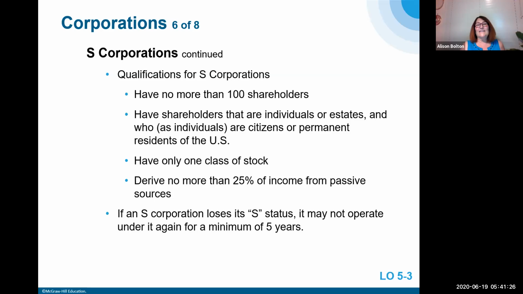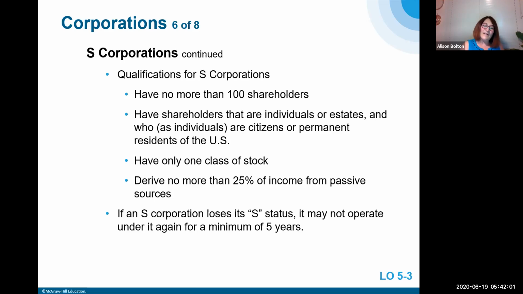Now, there's some guidelines, qualifications for S corps. Number one, no more than 100 shareholders. Shareholders must be individuals of the states who are citizens or permanent residents of the United States. If they are not a permanent resident or are not a shareholder, then they can't be in the S corp.